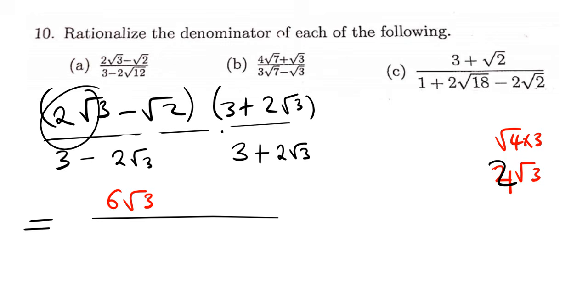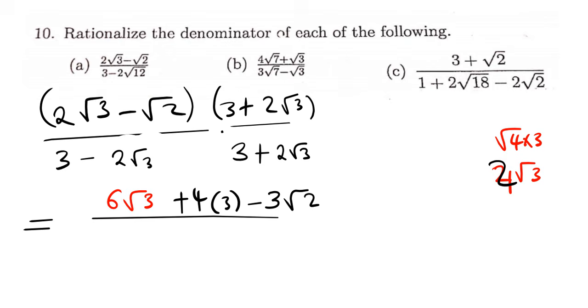So we've already multiplied with the first one. Now we come to 2 root 3 multiplied by 2 root 3. 2 multiplied by 2 gives us 4, and root 3 times root 3 just gives us a 3, so we're going to have a 3 there. Then on the other side, negative root 2 multiplied by 3 gives us negative 3 root 2.